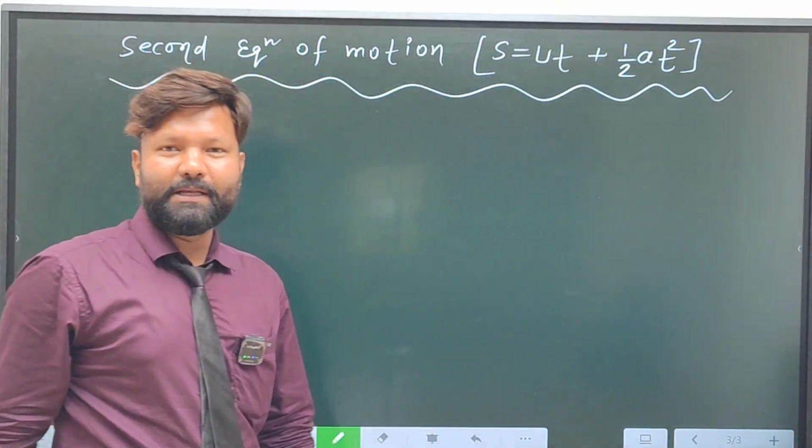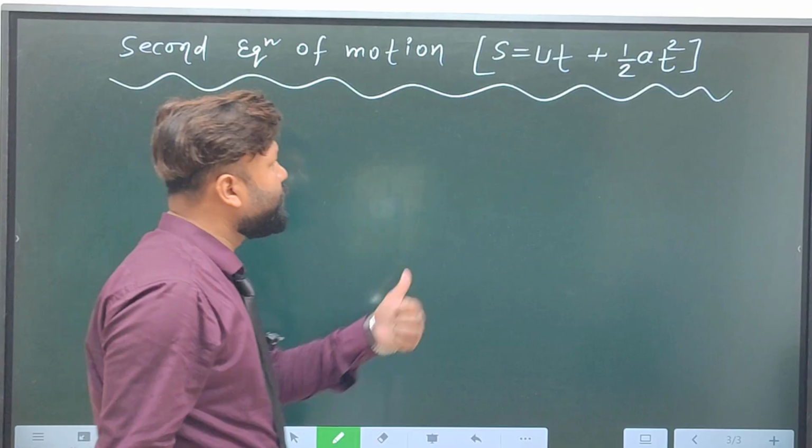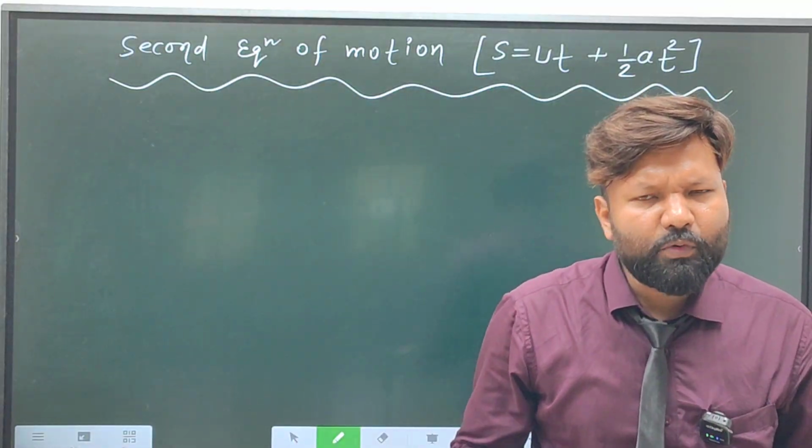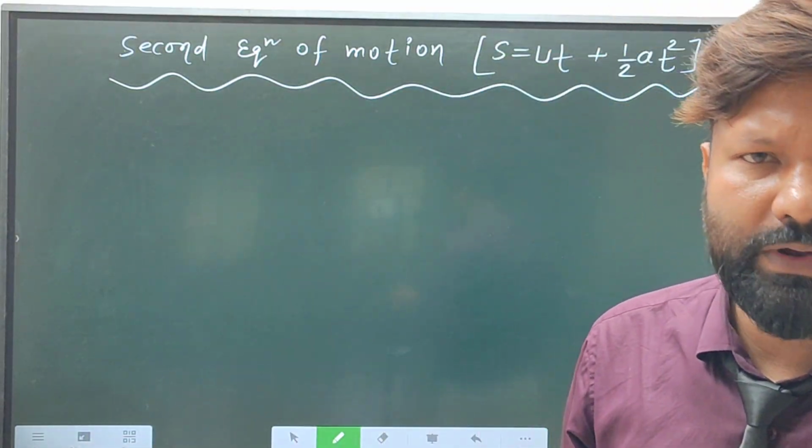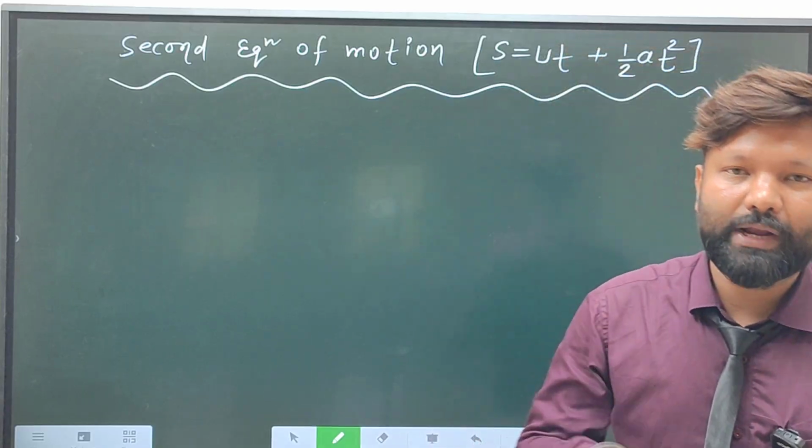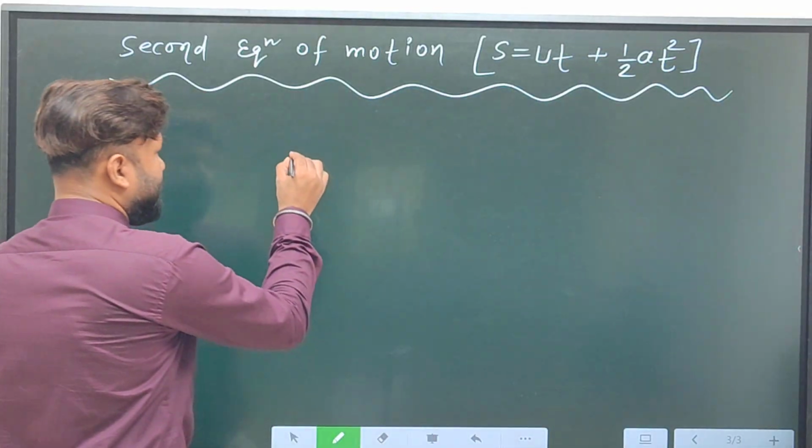Students, we are going to prove this equation. Suppose you are writing in a copy. How will you write? There is some language you have to write about this. Let's start with that.